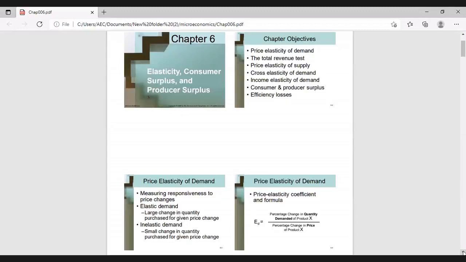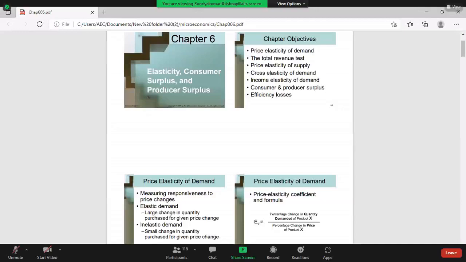Sometimes the percentage change in the quantity is equal to the percentage change in the price. Then we say the demand is unitary elastic. So the elasticity of demand is 1.